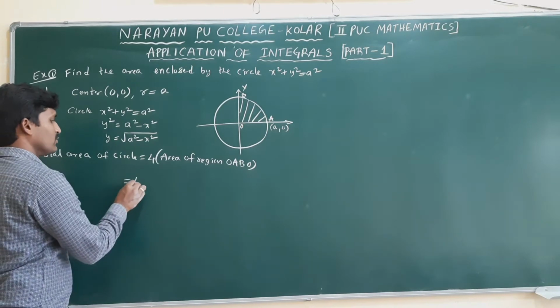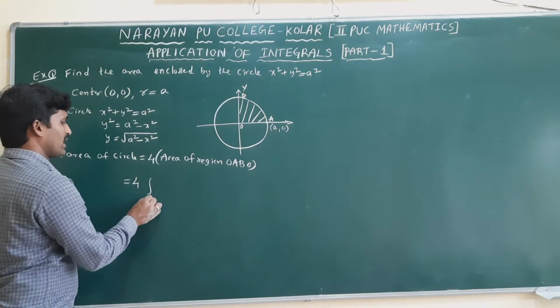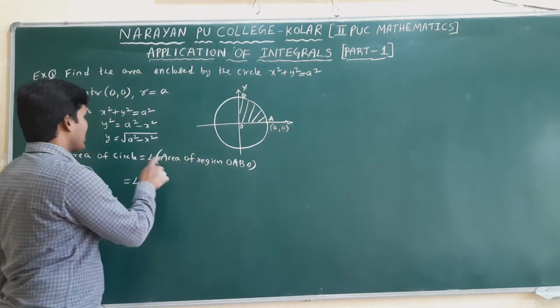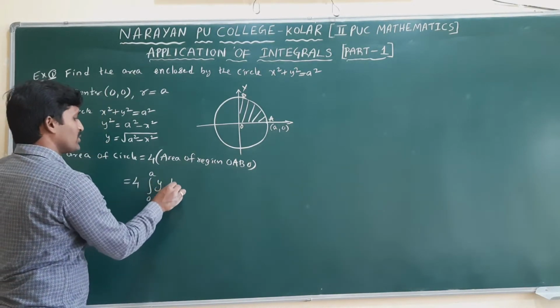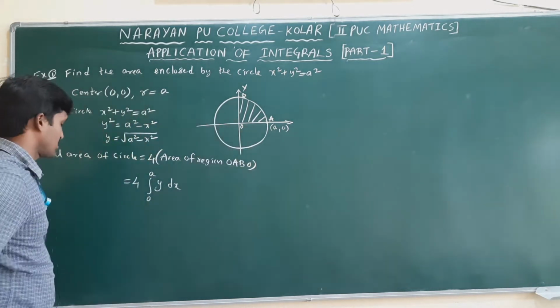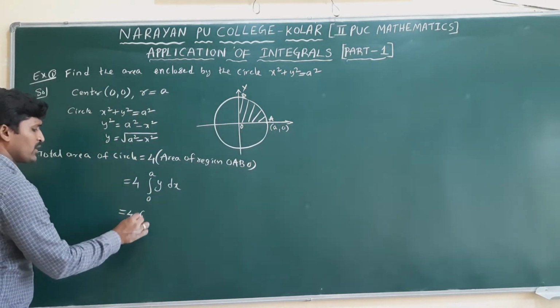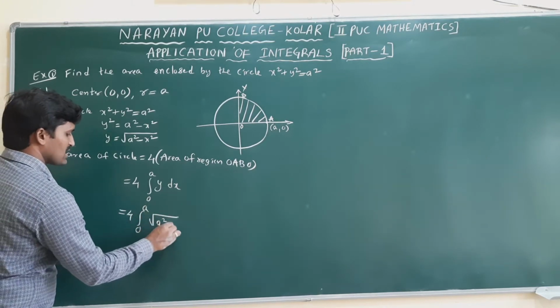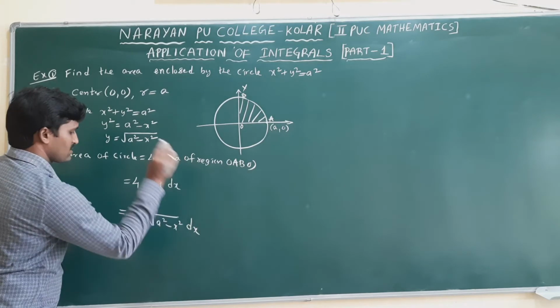So 4 into integral, lower limit is 0, upper limit is a. Now what is the curve we are taking? Y into dx, because we are doing with respect to x axis. Here 4 into integral 0 to a, y means what here? Root of a square minus x square dx.